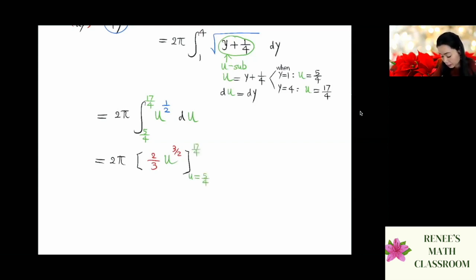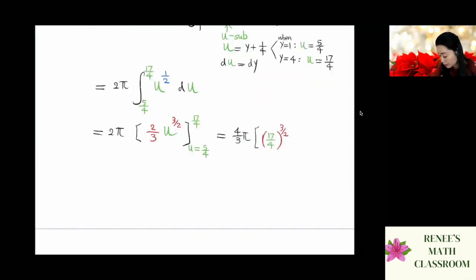So this is going to be, simplify this, 4 over 3 pi times, well, now we substitute, right? Times 17 over 4 to the 3/2 power, minus 5 over 4 to the 3/2 power.